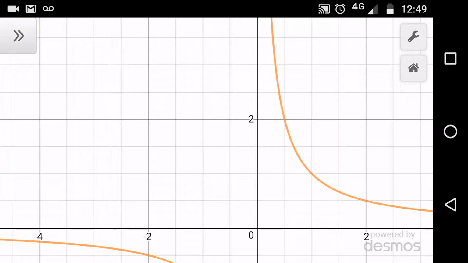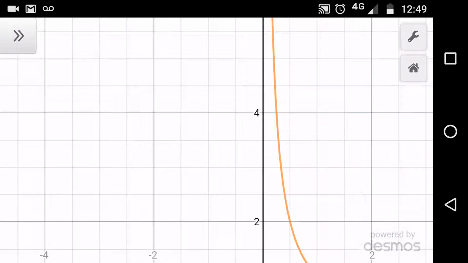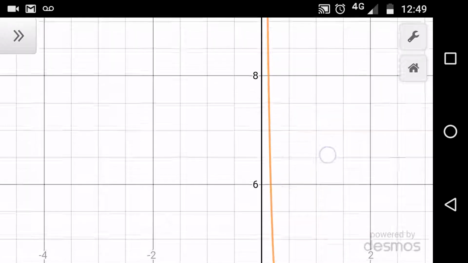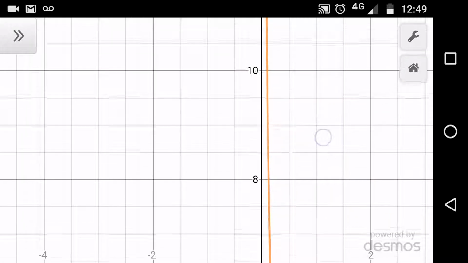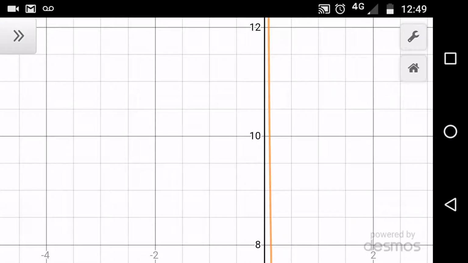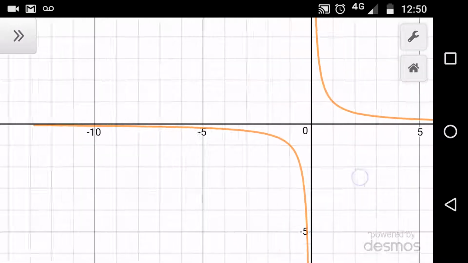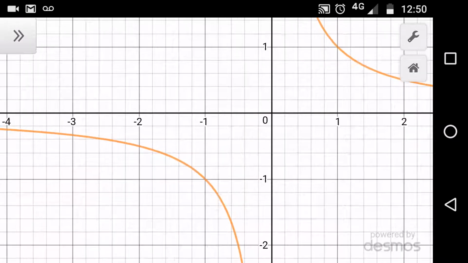the point is that the closer you get to this origin, the smaller the value of x, the higher the value of y. And so your function climbs up and up and up because you're getting very high values for y. But on the other side, on the negative side, things happen exactly the opposite way.